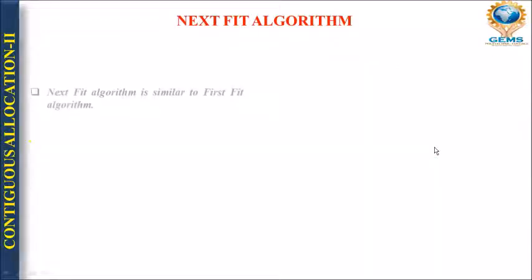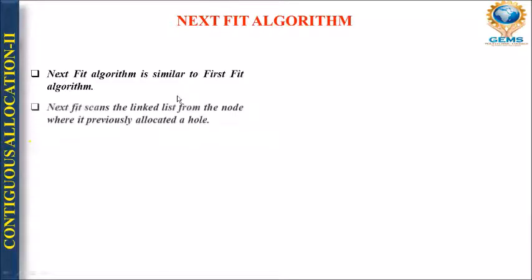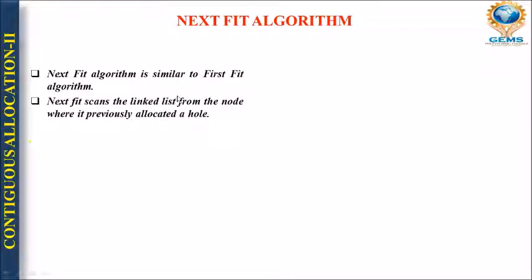Okay, so what is the next fit algorithm? The next fit algorithm is very much similar to the first fit algorithm. It scans the linked list from the node where it previously allocated a hole. So first of all, in next fit, it will look for the vacant hole.